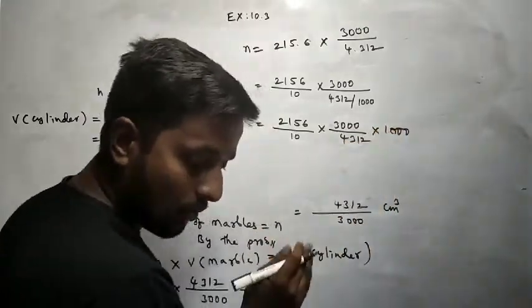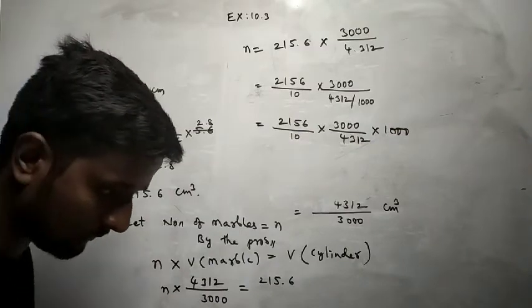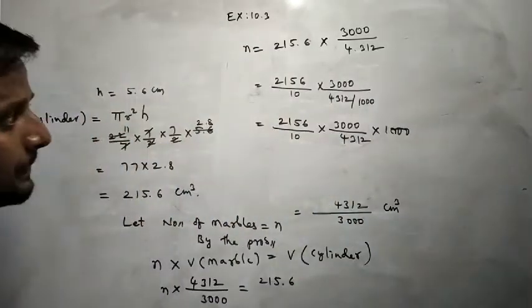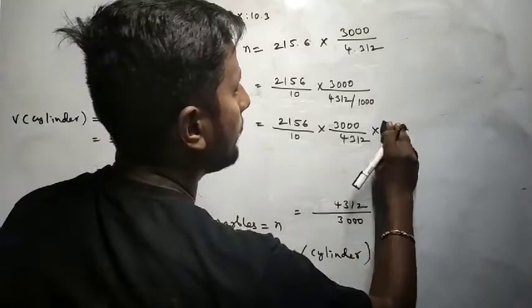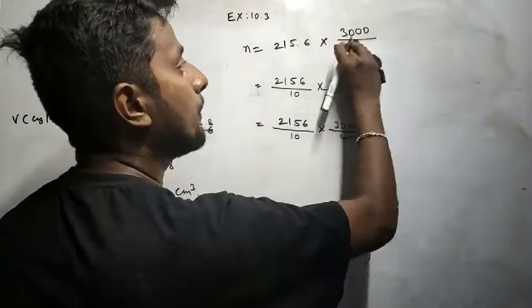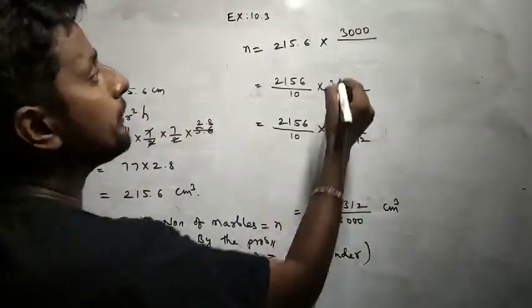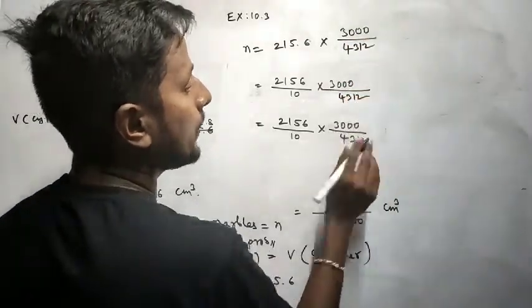The 1000 goes to the upper side. Already it is 4312 only.